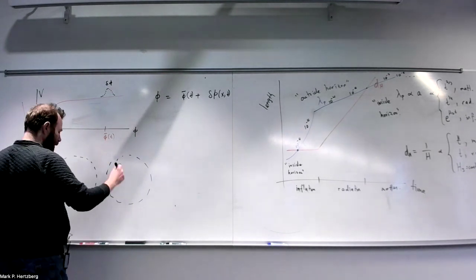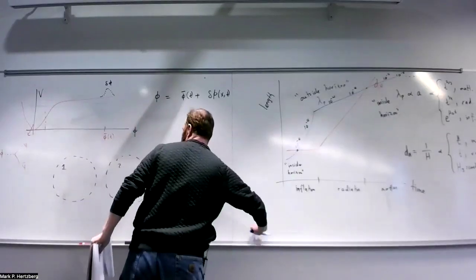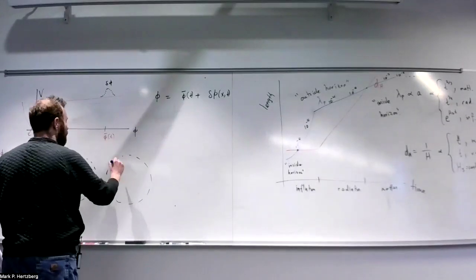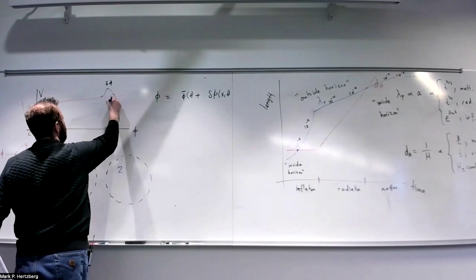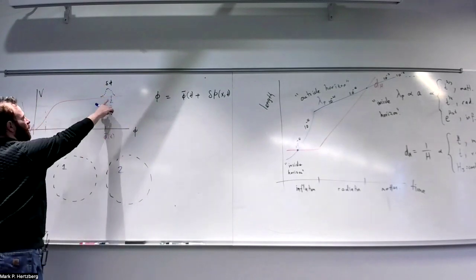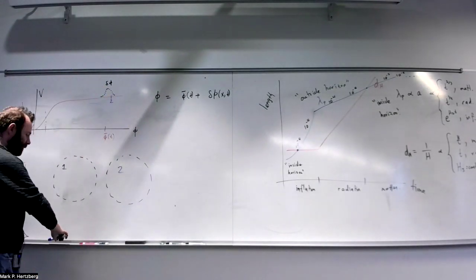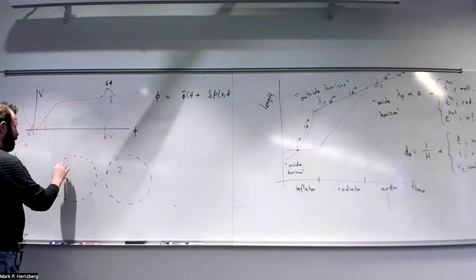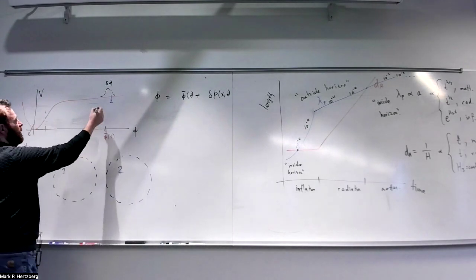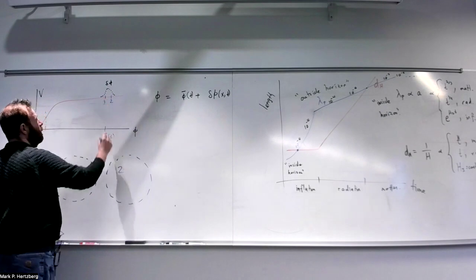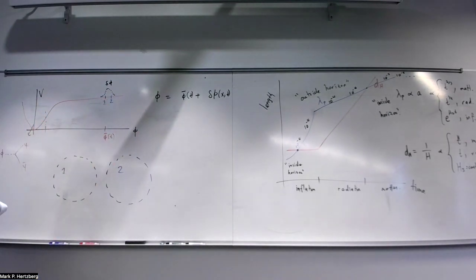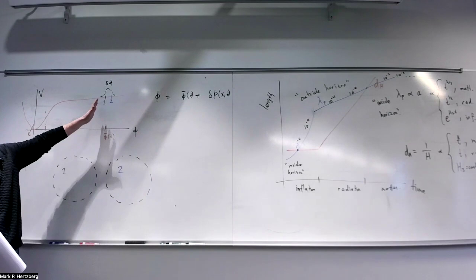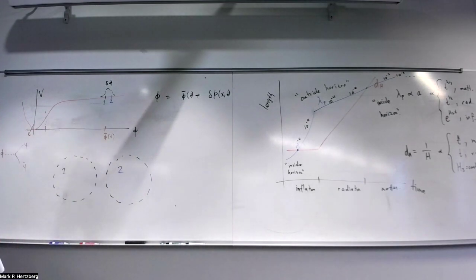To indicate this, let's imagine the value in region 2 happens to be that number, and region 1 in space happens to be this number, just randomly. Different regions are going to have different phi values with that standard deviation.